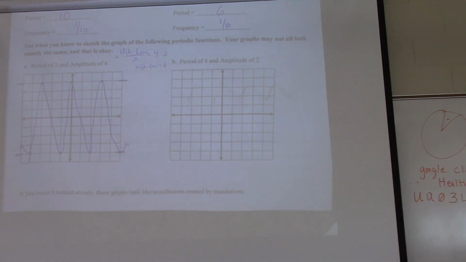Right? If I look at C and D, I can see that. All right, go ahead. Try and draw your own with a period of 4 and an amplitude of 2.